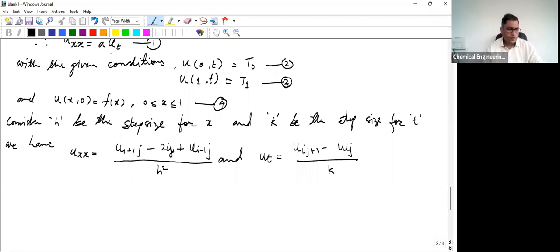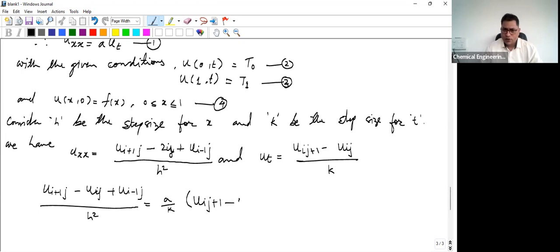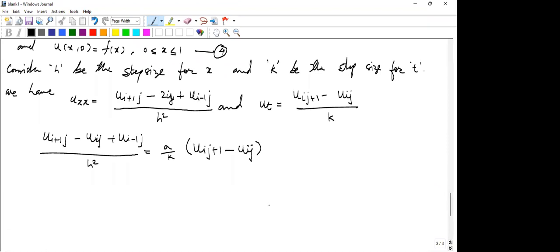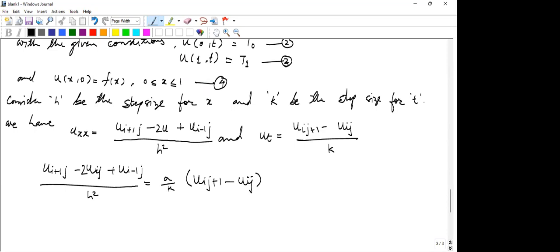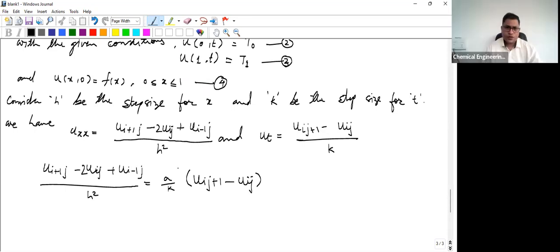Now if we put these values here, what are we able to get? (u_{i+1,j} minus 2u_{ij} plus u_{i-1,j}) divided by h square is equal to a by k times (u_{i,j+1} minus u_{ij}). Yes, it is minus 2u_{ij}.